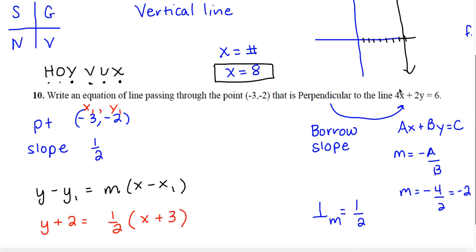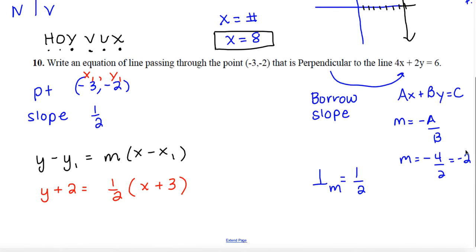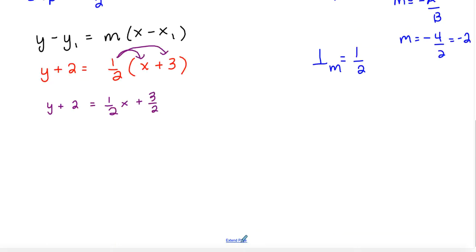Now, this particular question said to put your answer in slope-intercept form, so I actually have to do that. To do that, you're just manipulating this equation because remember, it's equivalent, just written differently. So I'm going to distribute my 1/2. So I get y plus 2 equals 1/2 x plus 3/2. And then I'm going to subtract 2 from both sides.